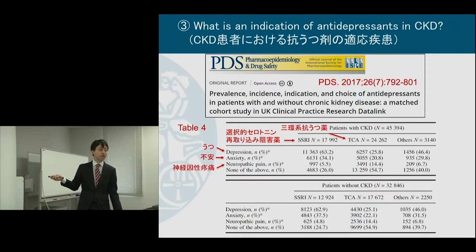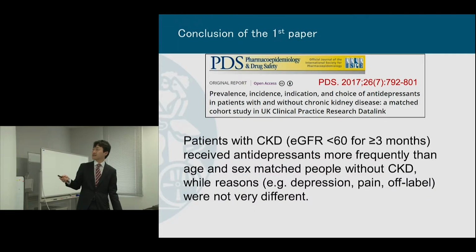So it's a kind of boring result. To conclude the first paper, patients with CKD received antidepressants more frequently than age and sex-matched people without CKD in terms of both prevalence and incidence, while the reasons were not very different. This is the result of the drug utilization study in my first paper.